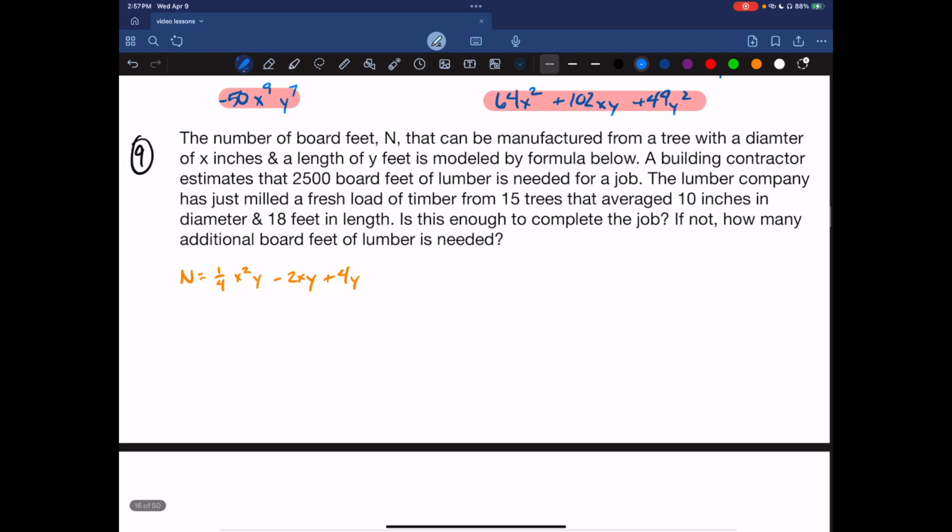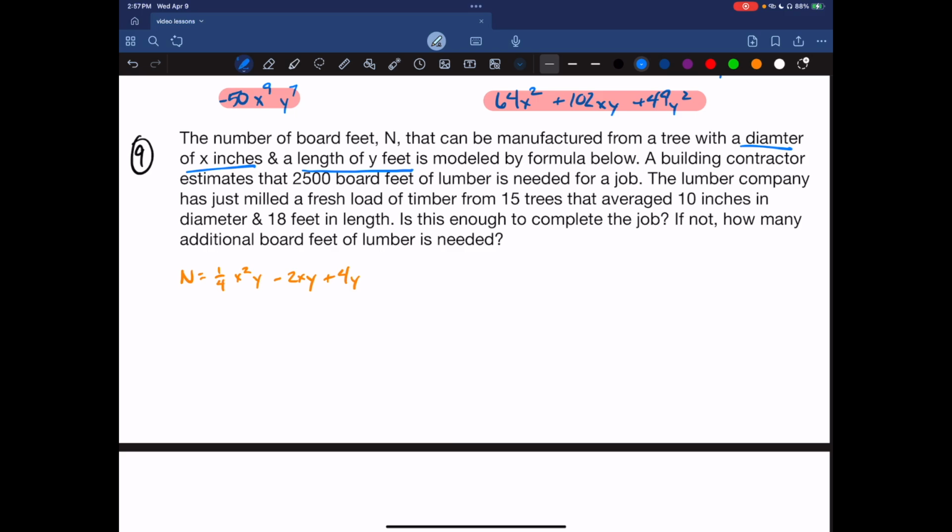Okay, now last problem, an application problem. Basically what this is saying is that you have a formula that I've given to you here in orange: if you take an entire tree that's just been cut down and put it through the mill, this is how much one trunk of average diameter and length should give you. Diameter is x, length is y.